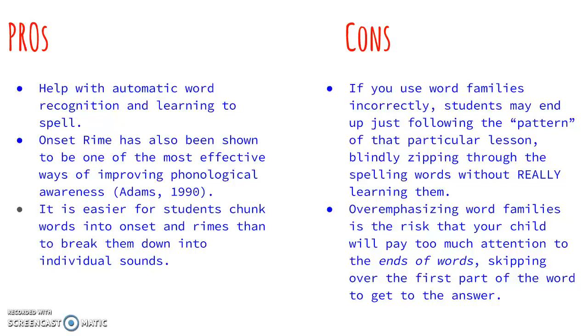So I know students at my fieldwork, it was like where and there, and they knew they put a W for where, they put the same thing for there, instead of sounding it out. They knew it followed that pattern.